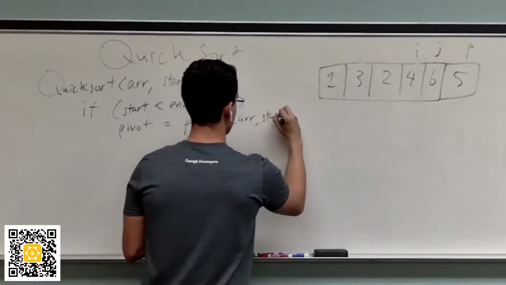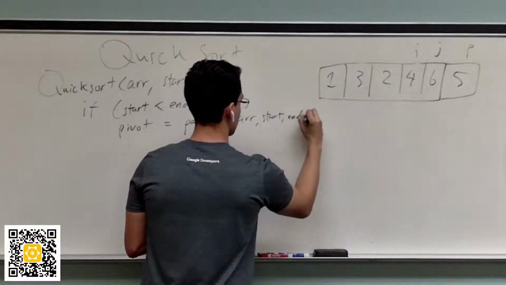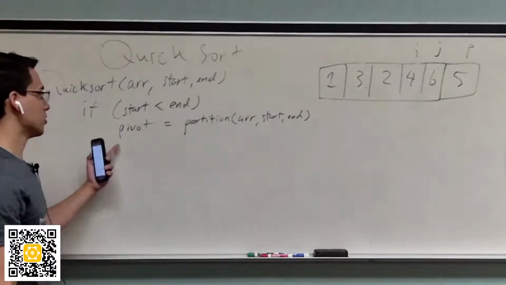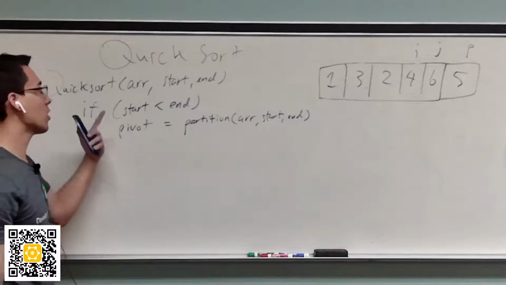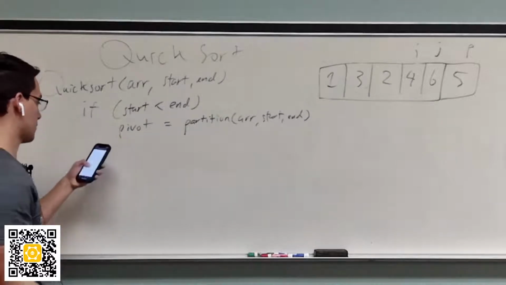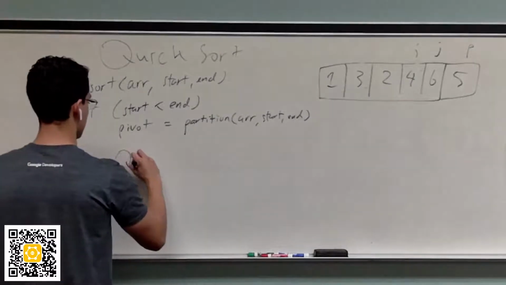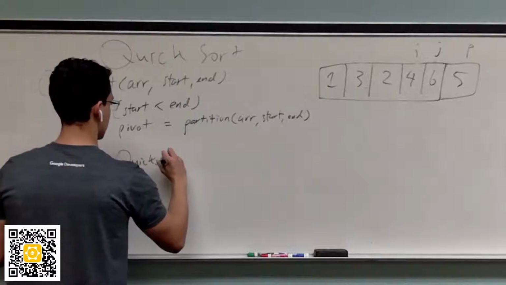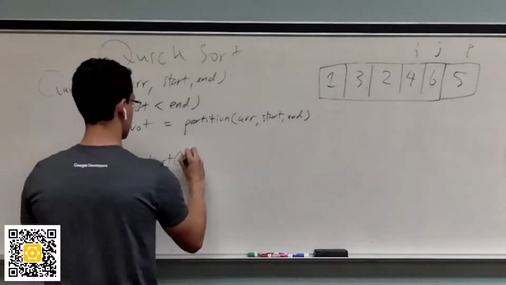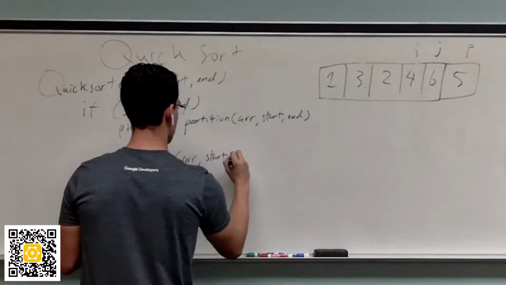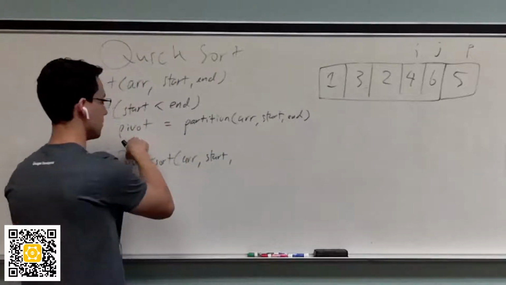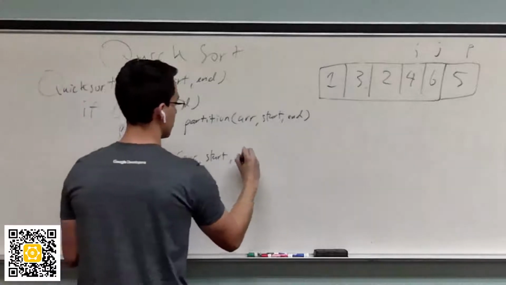And here we go from start to end. Okay. So the pivot is going to be an integer value such that we want to call this again, right? On the left side. So we take the array and we start from the start again. And then the pivot is going to be the end.